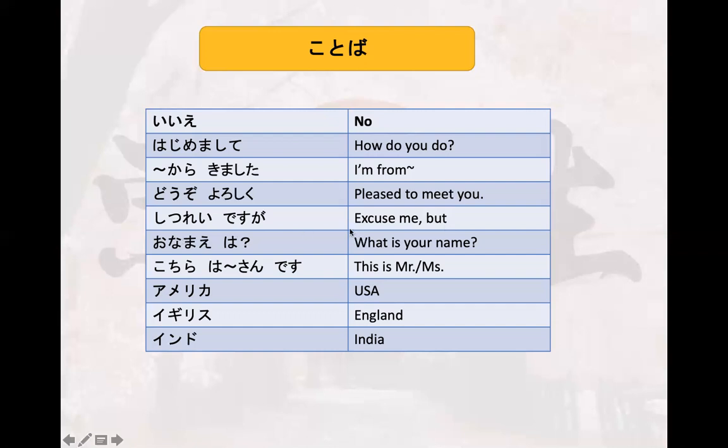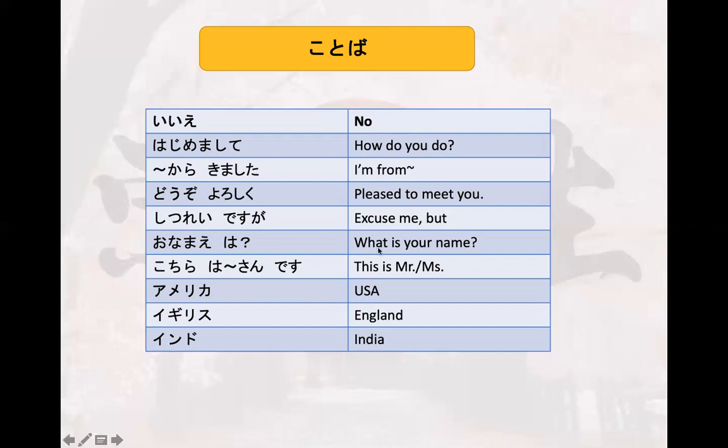Kapag ikaw ay hihingi ng favor, request, or any mga abala ka ng ibang tao, before you tell yung pakay mo, you say shitsurei desu ga, nani-nani. For example, you want to know the name of that person, hindi ka pwedeng come up to him and then you just ask him, what is your name? Diba?